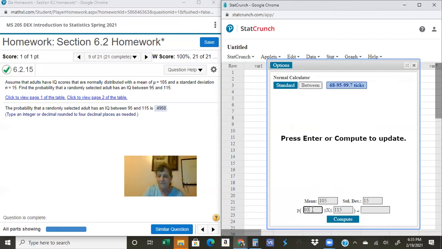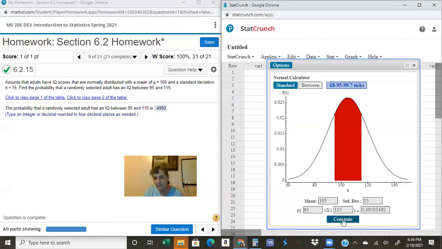So between 95 and 115, I actually only have to change this first number to a 95. The second one's already 115. Probability is going to be 0.495. So we're talking about half. Half the people's IQ is going to be between 95 and 115.